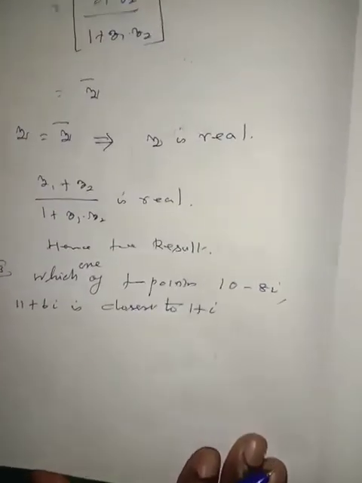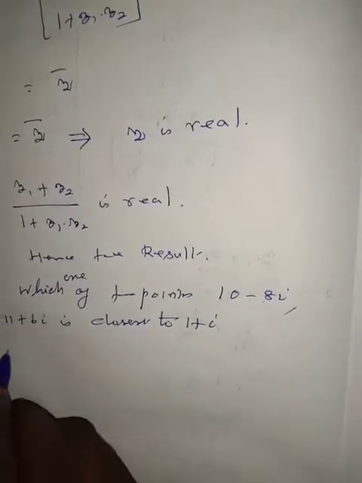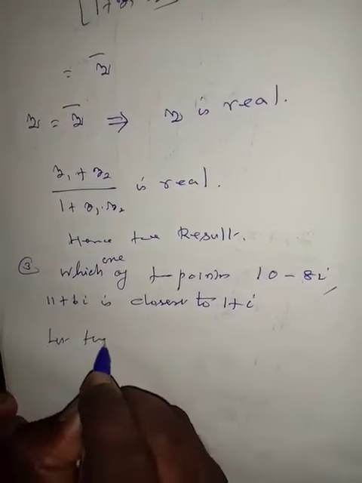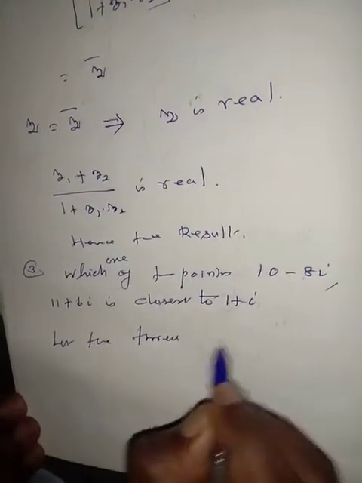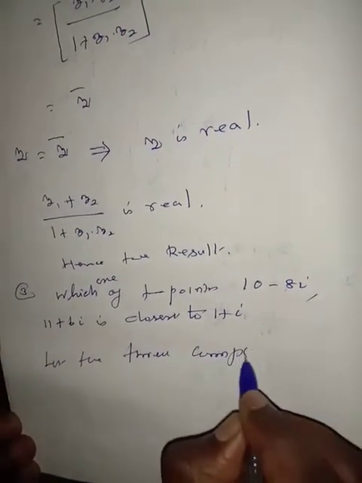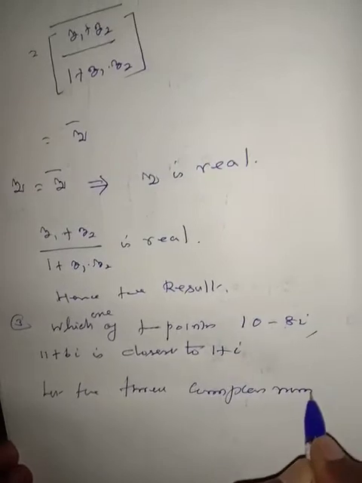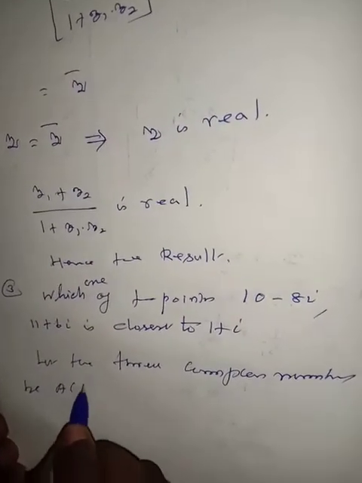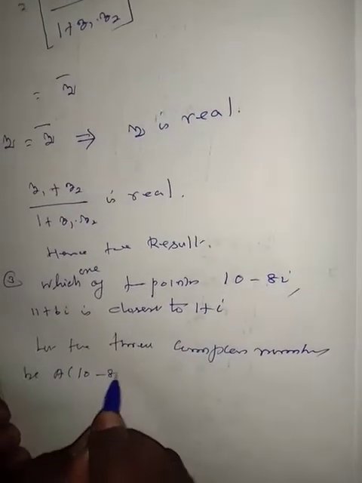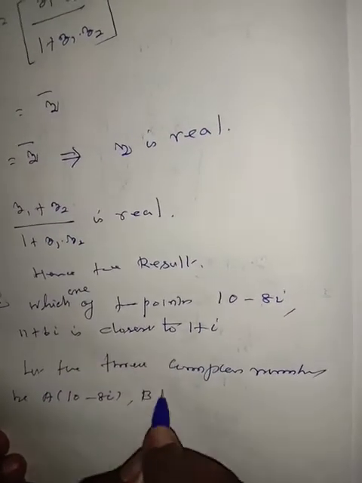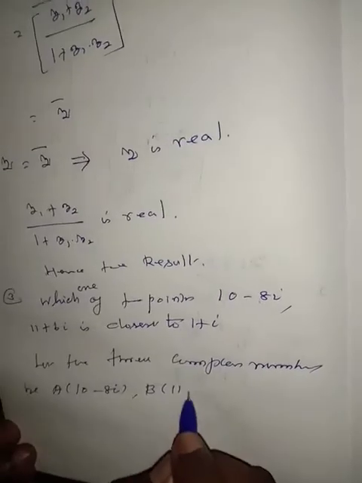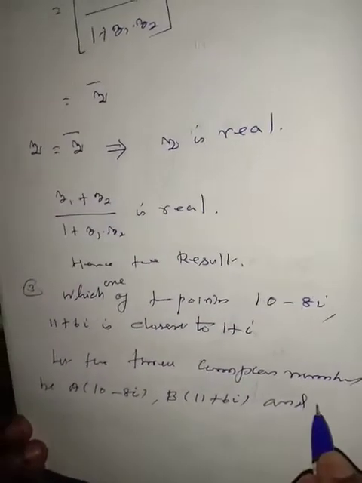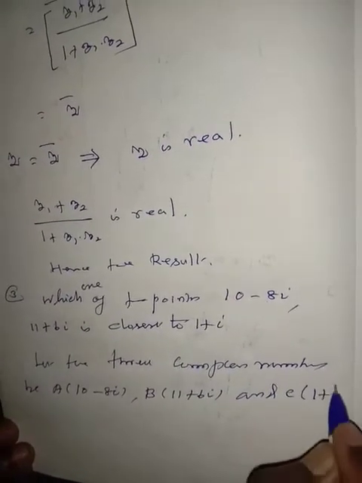There are 3 complex numbers. Let the 3 complex numbers be A of 10 minus 8i, B of 11 plus 6i, and C of 1 plus i.